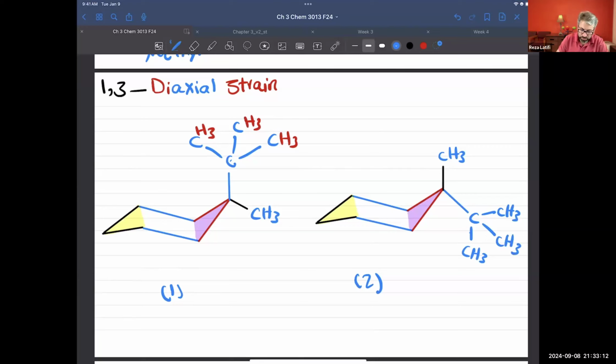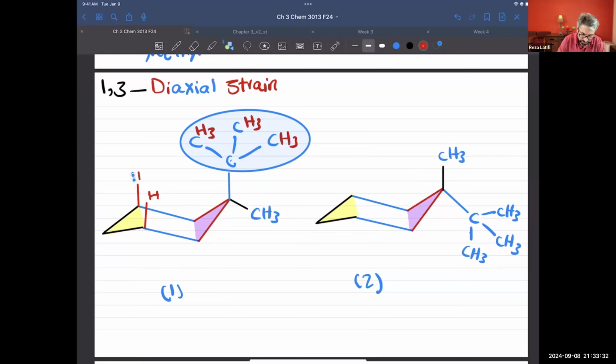Now, which one of them is bulkier? Clearly, the tert-butyl is bulkier, as we said before. Because it's so bulky, very soon it's going to feel these 2 axial hydrogens.